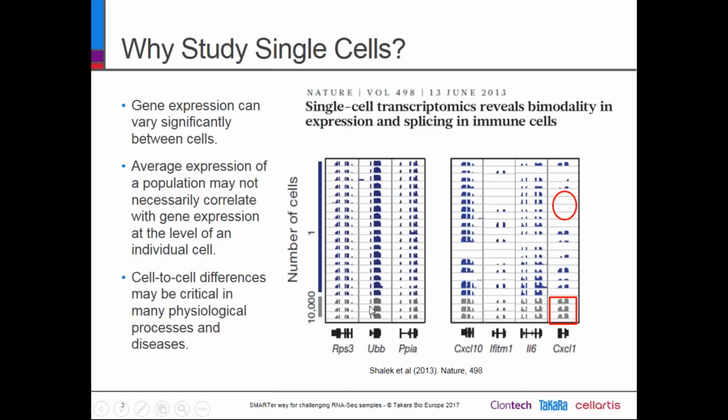For the genes here on the left, the pattern of splicing and expression is very similar between the bulk population in gray and each of these single cells. However, they identified another group of genes for which there were differences between the patterns. You can see here for this gene that in the bulk population you have a very constant pattern. Then if you look at all the different single cells, you will find differences in the splicing pattern and in the level of expression.